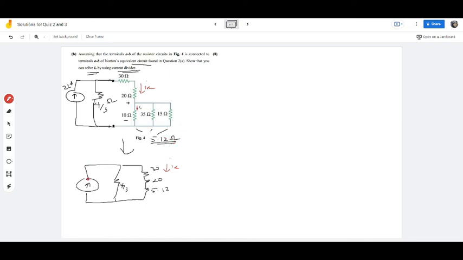So how do I get my Ix? Remember, by using current divider, I'm just going to make a line over there. So Ix equals opposite resistor over total resistor. In this case, this whole bit after you add up is 55.12, multiplied by the source current from the Norton current, which is 22.